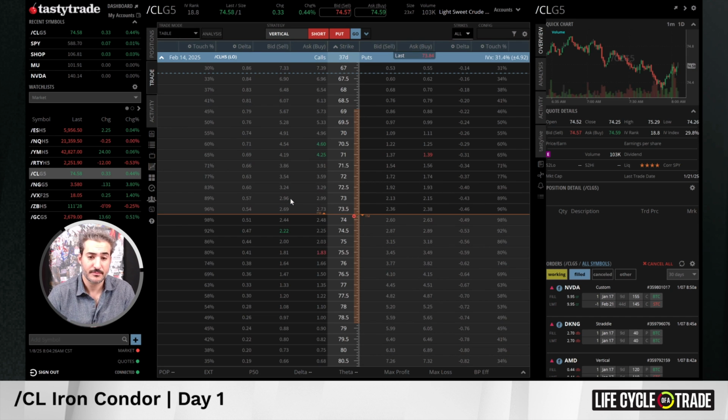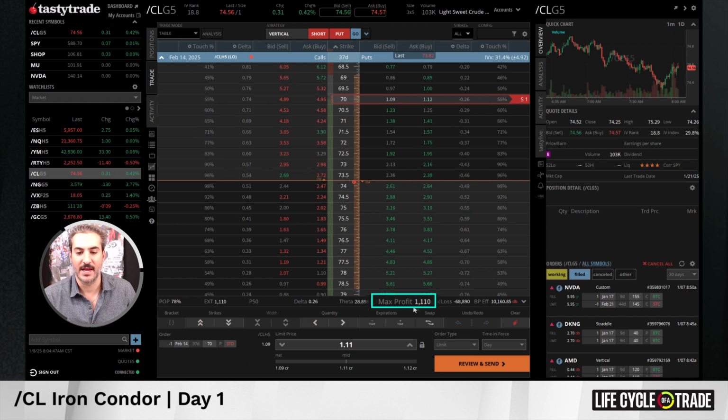The multiplier on this position is going to be $1,000 per point. Your notional equivalent is 1,000 barrels of oil, which means that if you are buying or selling something for $1, it's going to be $1,000 in actual value.